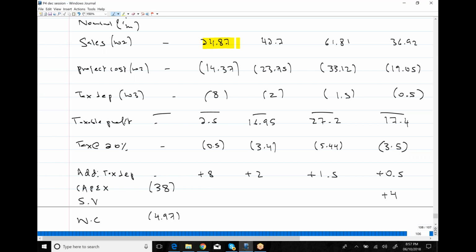Then in T2, revenue is how much? 42.7. So you will take 20% of this. 20% of this will be 8.54. Okay, 20% is 8.54. Okay. So for T2 sales, you will make investment in T1.